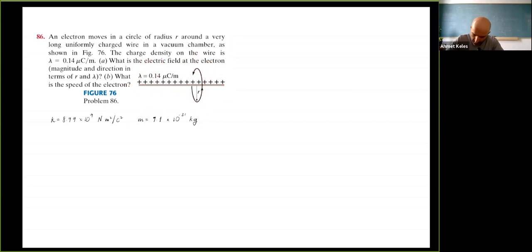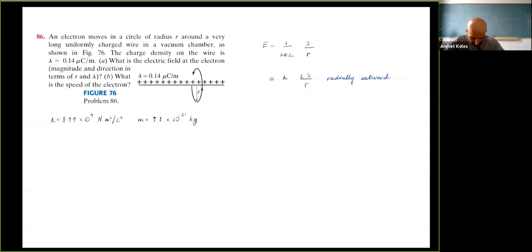And the magnitude, E equals 1 over 2 pi epsilon naught times lambda over r, right? That was our result. But let me take this back, I want to write this in terms of K. So if I write it in terms of K, it is 2K lambda over r, radially outward. So okay, that's all part A asks.